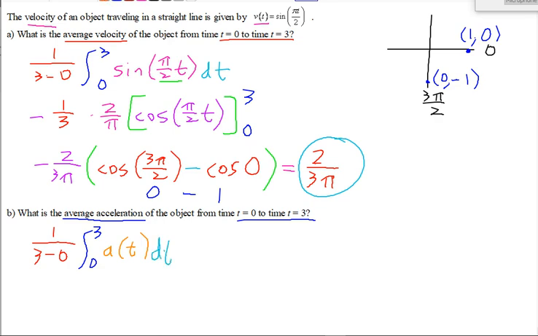So there's a couple ways you can do this. The longer route would be to actually find the derivative here, not that hard, using the chain rule, and then integrate that, just like we did here. But the easier, more efficient way is to realize that when you integrate acceleration, you just get back velocity.